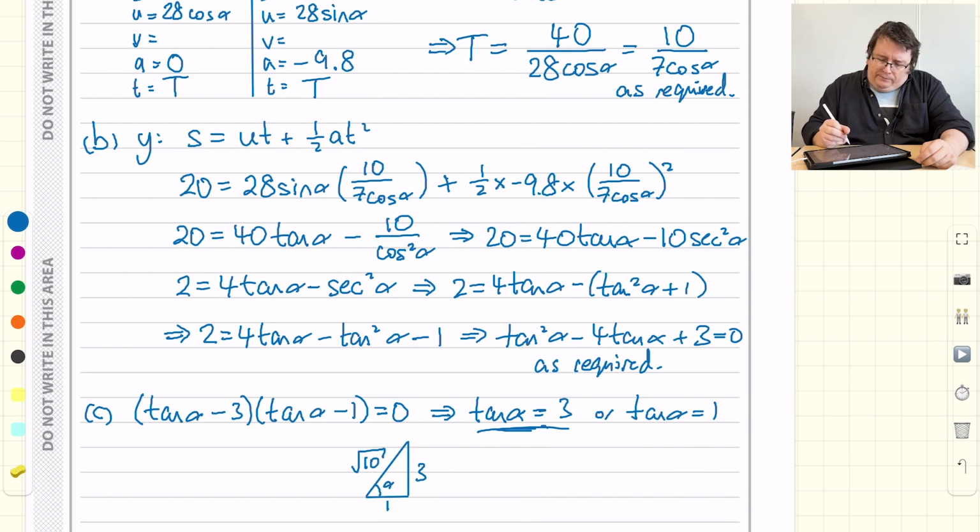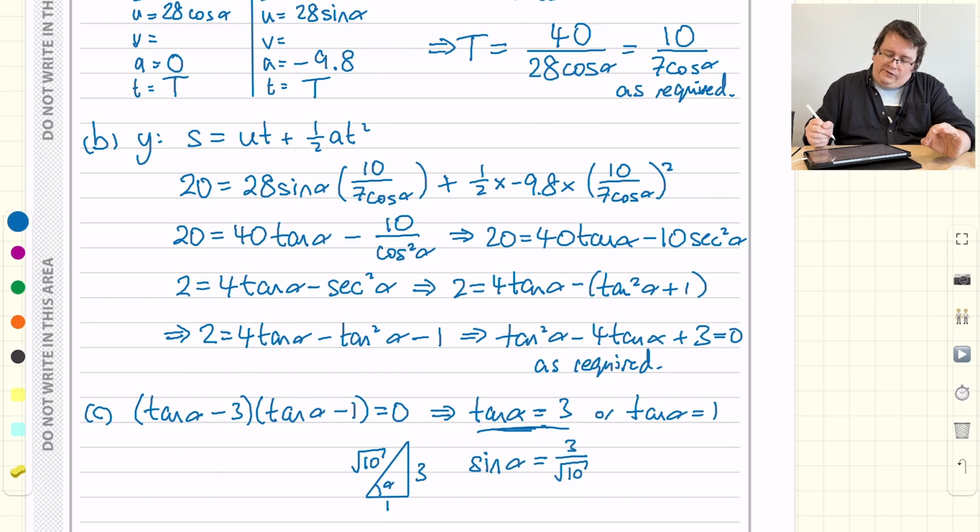So that means that we can use that right angle triangle. So that's definitely the one to use. Tan alpha being 1 will give you an angle of 45 degrees. So 1 along, 1 up. So 1 along, 3 up is a steeper angle, and so it's going to go up further. So I can use that because I can now write down sine alpha, which is opposite over hypotenuse, so 3 over root 10, and I can use that up here.